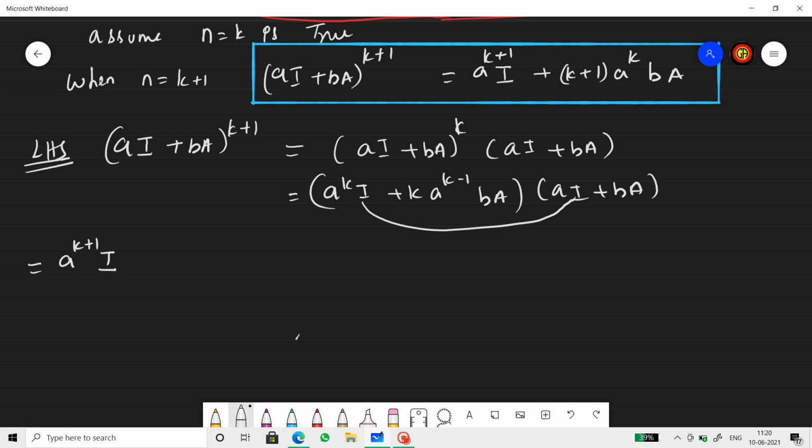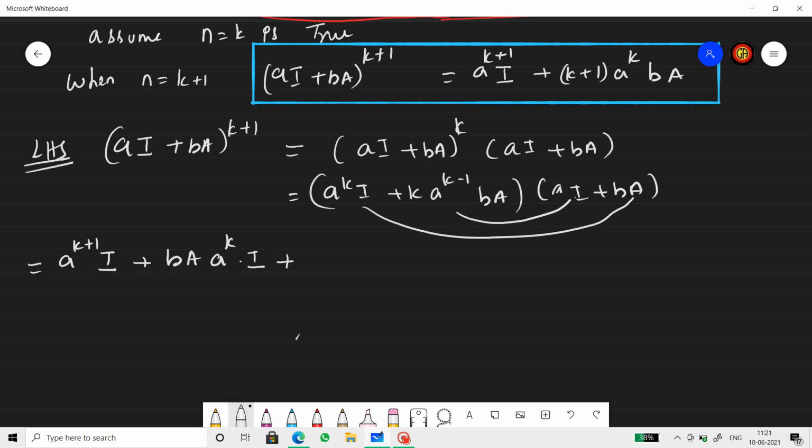Now let's multiply this with this. So we get B A^k into I. Right? B A^(k+1) into I. And now let's multiply this with this.